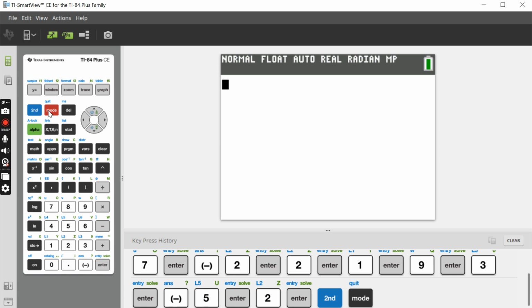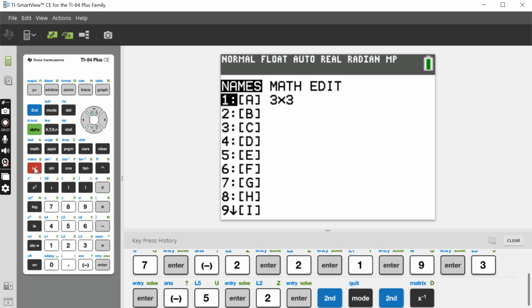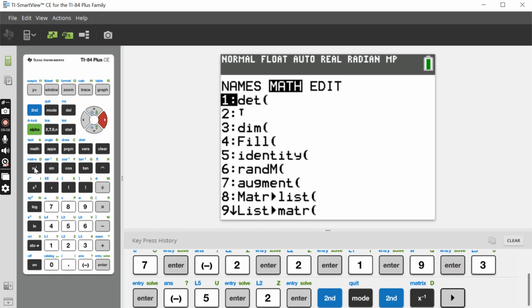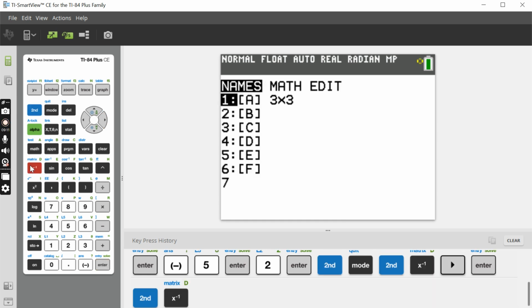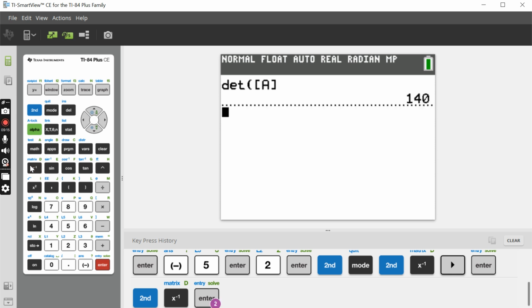I'm going to hit second quit, second matrix. This time I'm arrowing over to math. The first one is the determinant, and then second matrix again, and hit enter. Okay, it looks like my determinant for this one is 140.